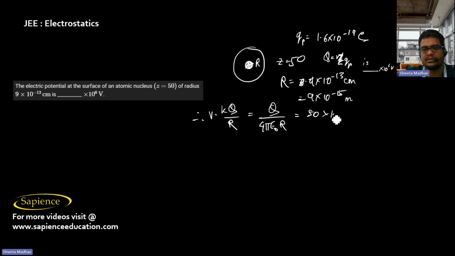So Z is 50 into e, e is 1.6 into 10 power minus 19 coulomb, divided by 4 pi epsilon naught, which is 9 into 10 power 9, into R. R is 9 into 10 power minus 15. So this much volts.